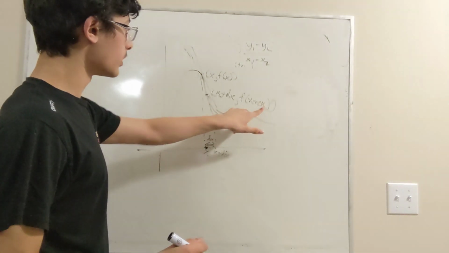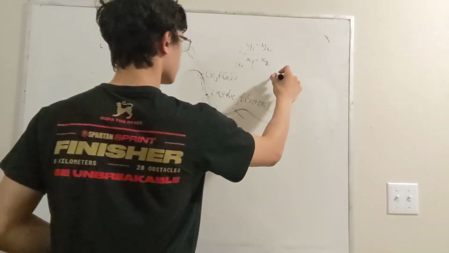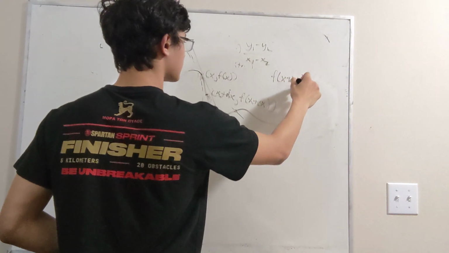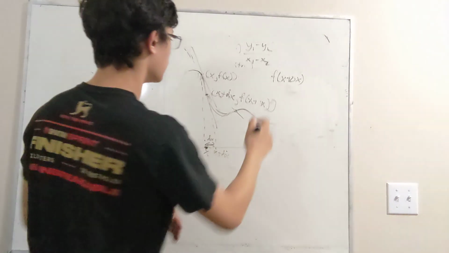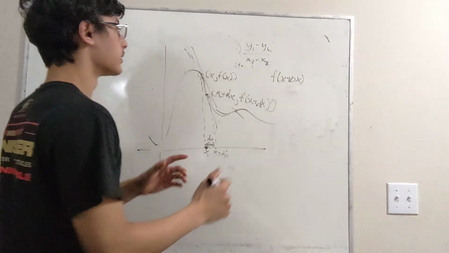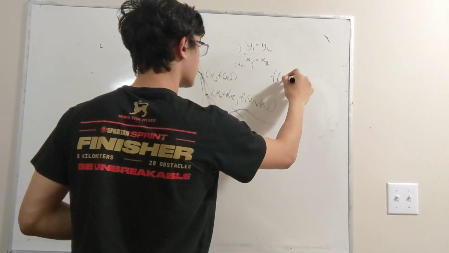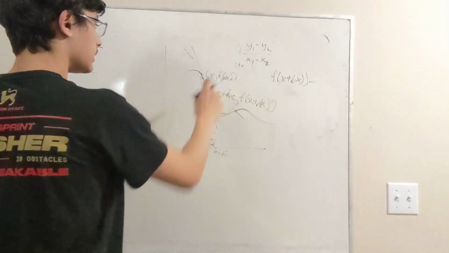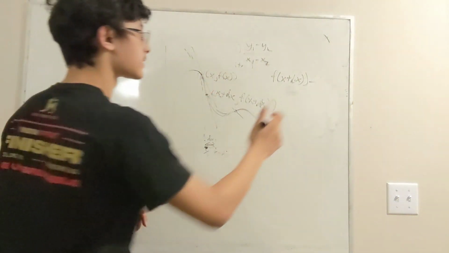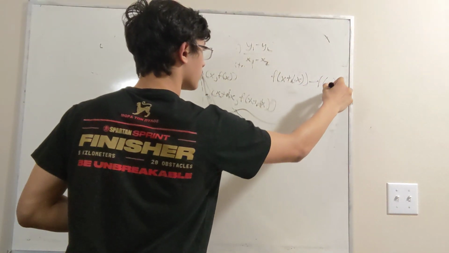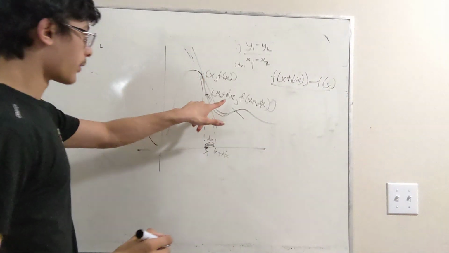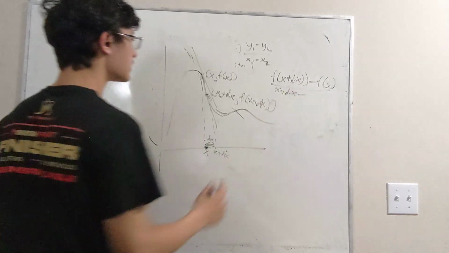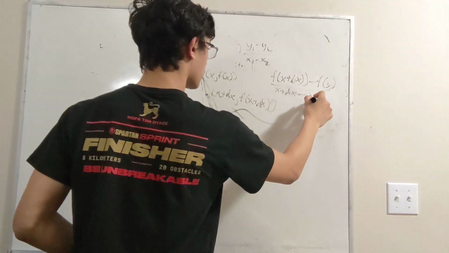Our y value for this point is f of x plus dx, minus our y value here, which is just f of x, divided by our x value here, x plus dx, minus our x value here, x.